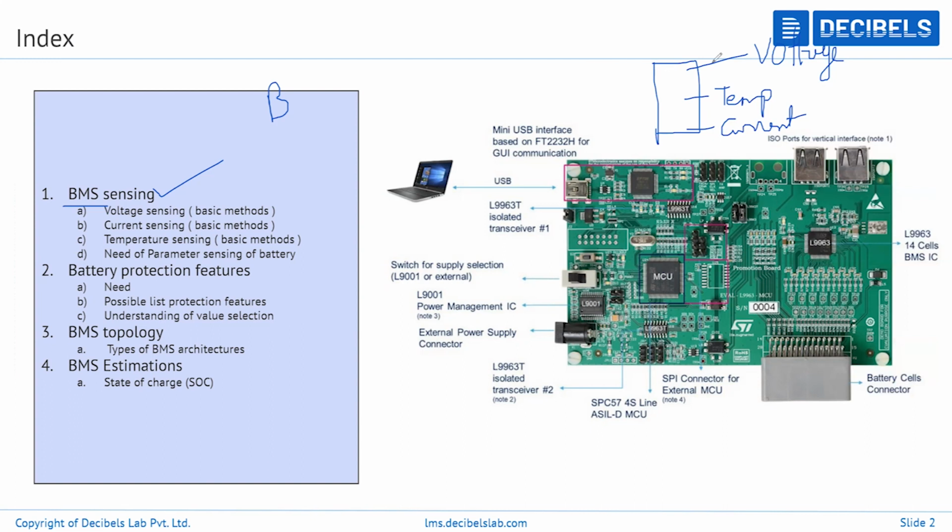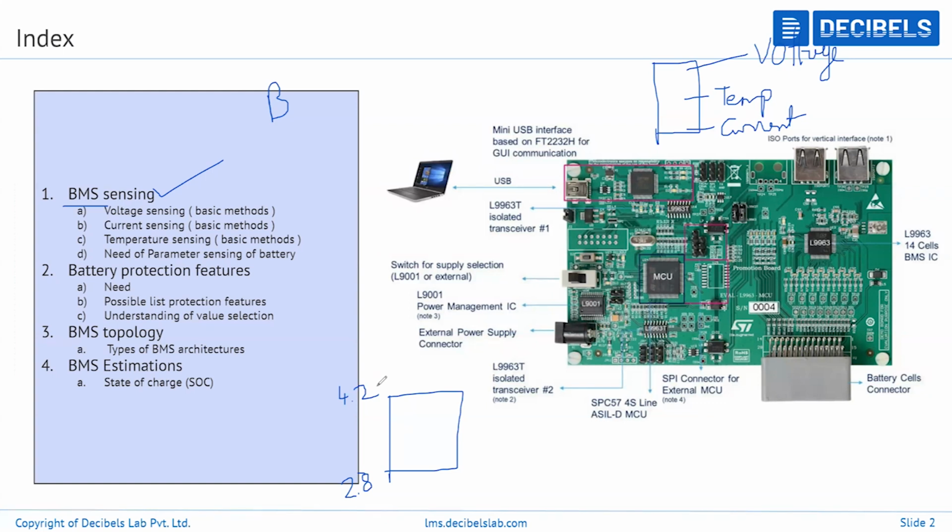So if you take up a lithium based cell, we usually define in general that the voltage will be 4.2 as over voltage and 2.8 as under voltage. Again, within that, NMC and LFP have different over voltage cutoff and under voltage cutoff values.